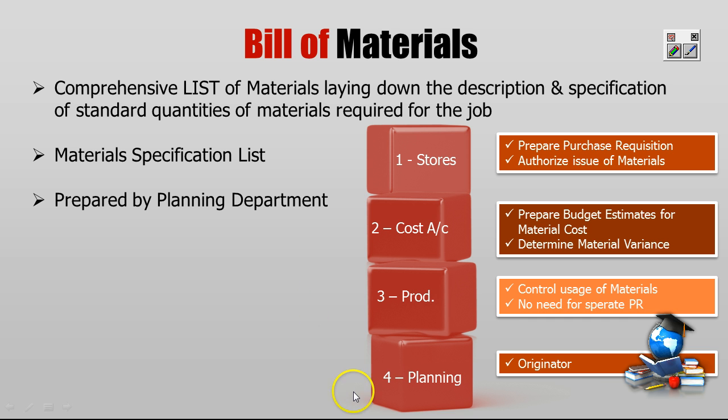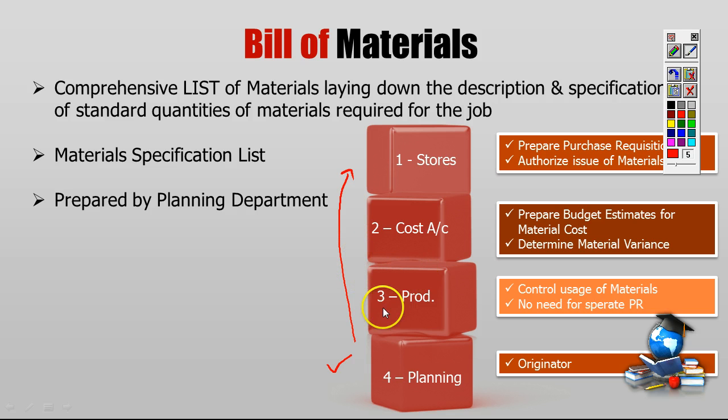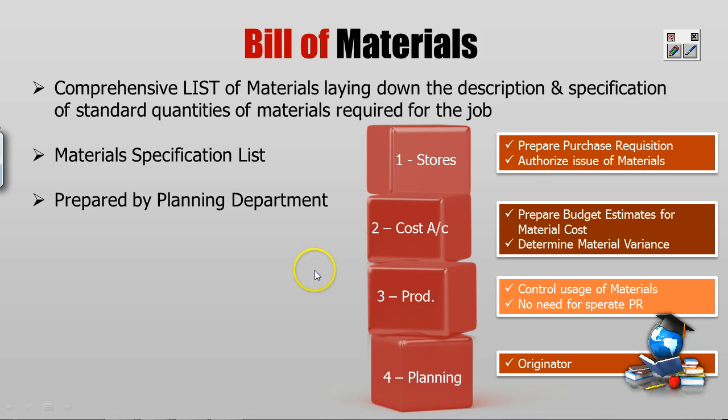So the planning department is the originator, and from that it will go to the stores, the cost accounting department, and the production department.